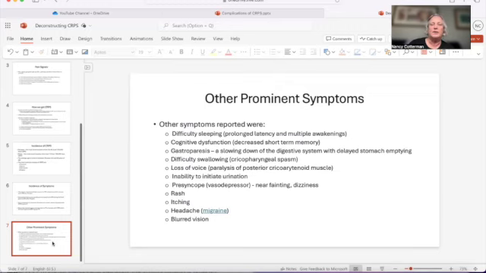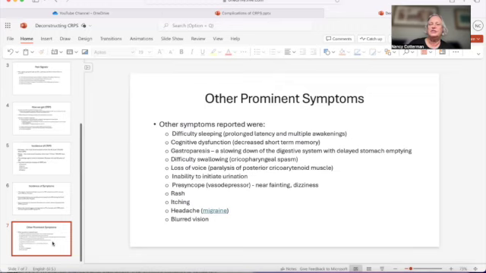Difficulty in swallowing. There's spasming within the esophagus. Loss of voice, paralysis of the muscles that open and close the vocal cords, inability to initiate urination.